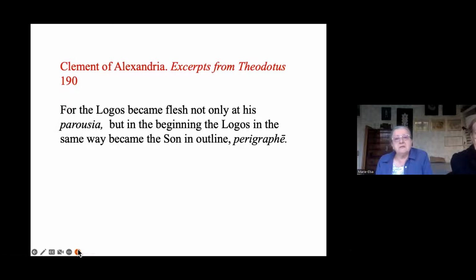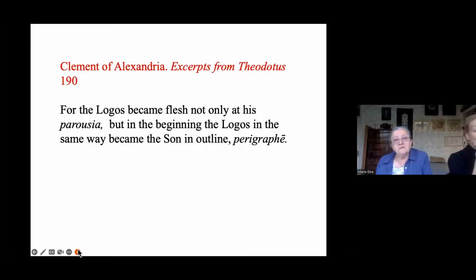The Logos became flesh, not only at his parousia, so when he comes into the material world, but in the beginning, which is one of the names that temple theology gives to the Holy of Holies. In the beginning, the Logos, in the same way, became the Son in outline, and the word is perigraphe.